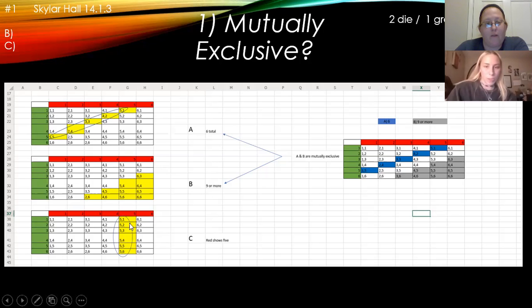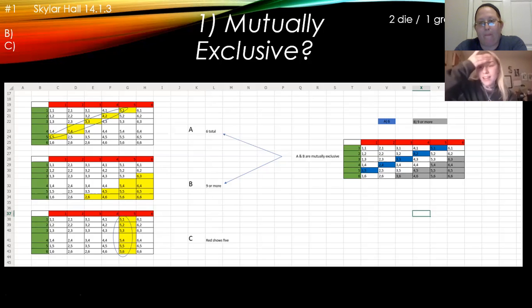Okay, and so after showing those, which two of the diagrams are mutually exclusive? Mutually exclusive means they cannot happen at the same time. So you can't have a total of 6 and 9 or more on 2 dice.